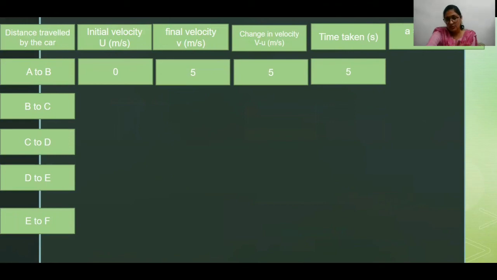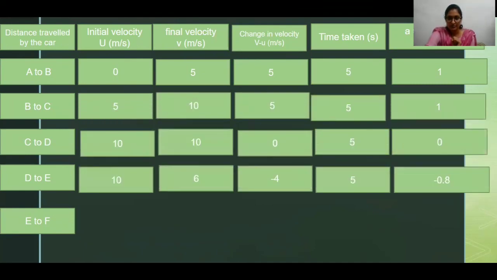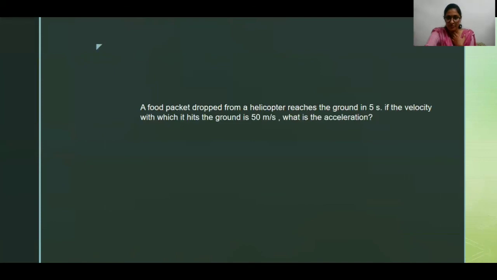And the acceleration is equal to v minus u divided by t, that is equal to 1 meter per second square. So you can complete the full columns and check the answers. This is the complete table. So we studied how to find the acceleration of a body.